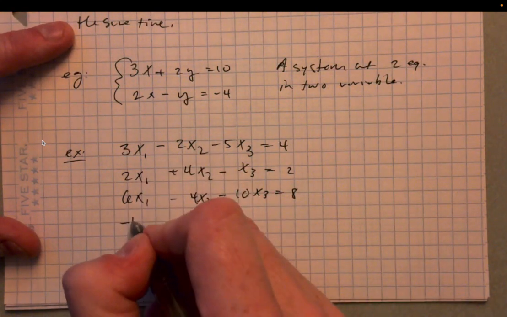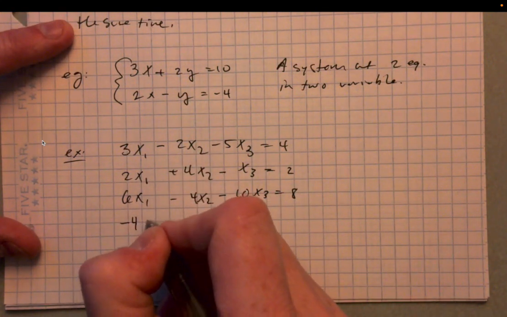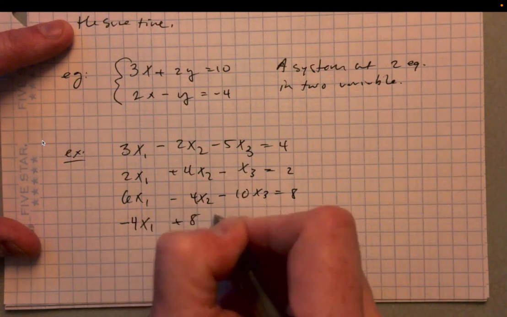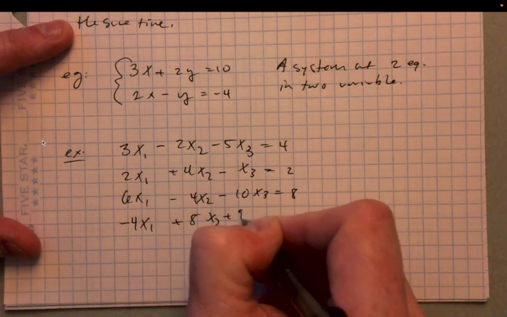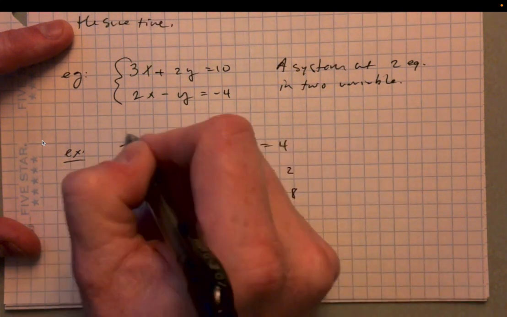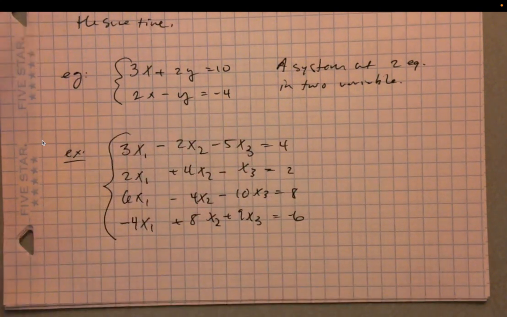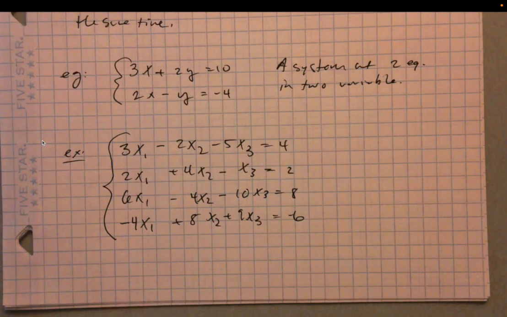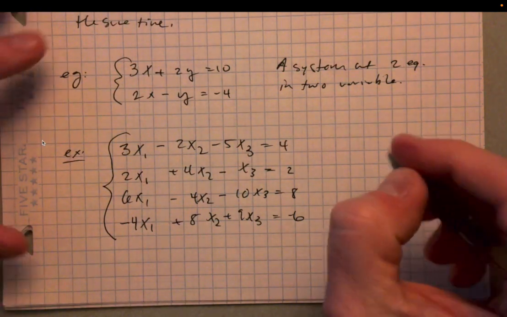And maybe we'll put one more on here. -4x1 plus 8x2 plus 9x3 equals -6. Okay, so here's another system. This is a system of four linear equations in three variables.